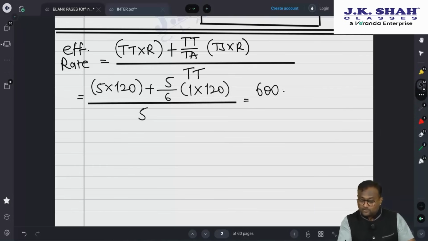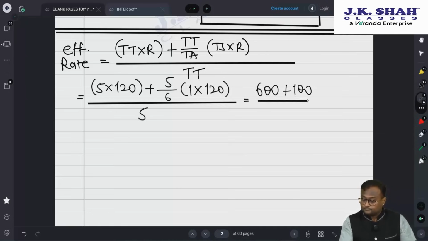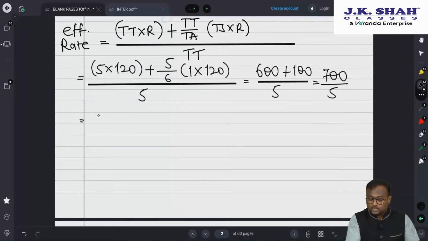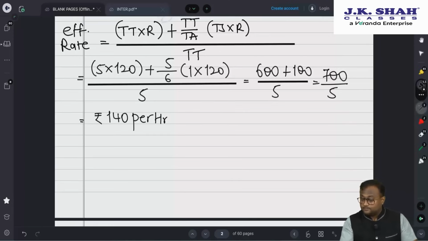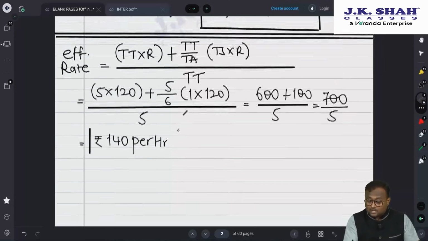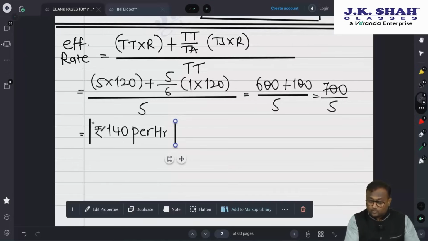So 600 basic, 100 bonus, divided by 5. 700 you are paying to this worker for 5 hours. So it is as good as the worker is earning at the rate of 140 per hour. See, the hourly rate is 120 only.